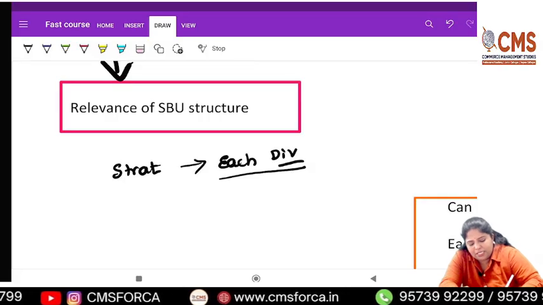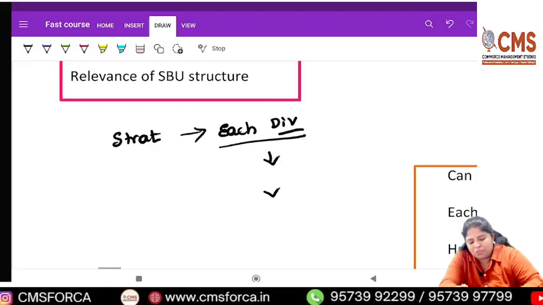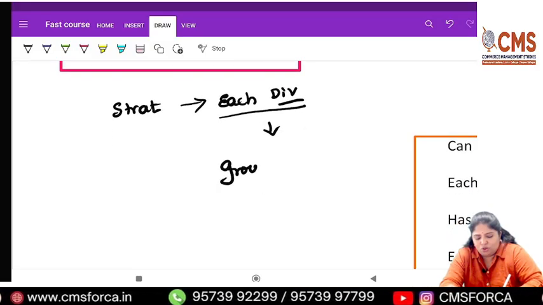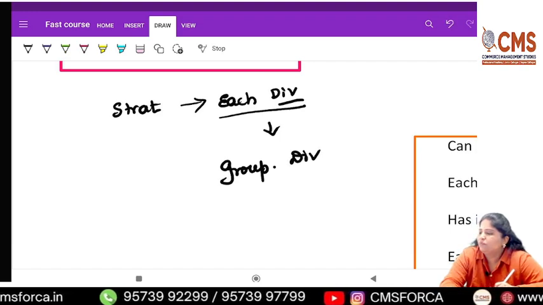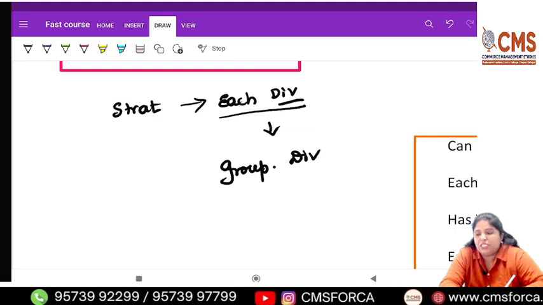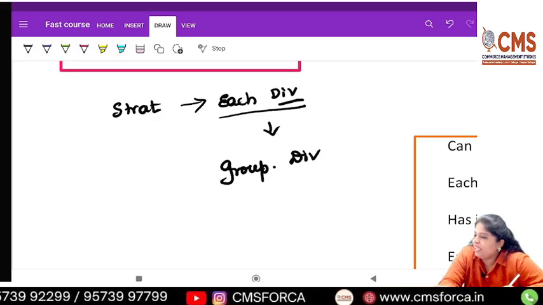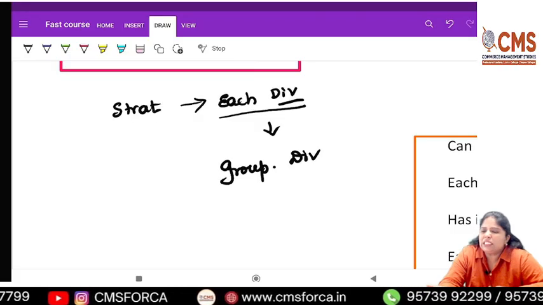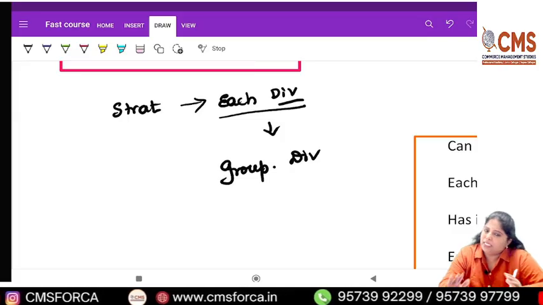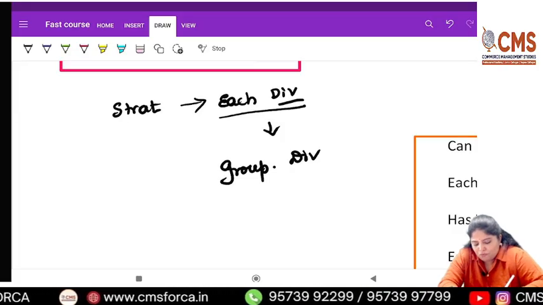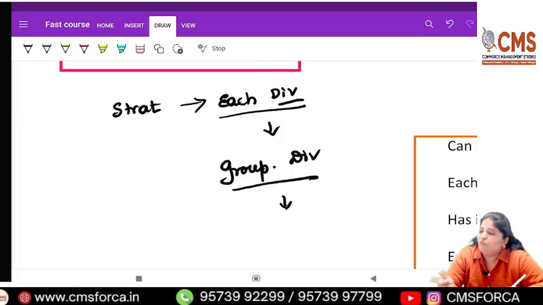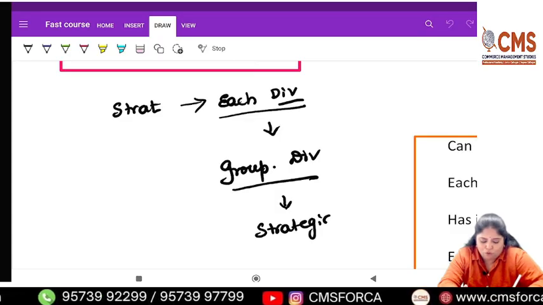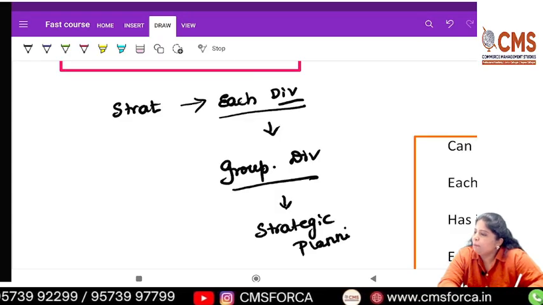So in the SBU structure, what we try to do is group such divisions. This grouping of divisions can be related or unrelated, similar businesses or unrelated businesses. It can be either way. We group divisions, and once the divisions are grouped, then we go for strategic planning.